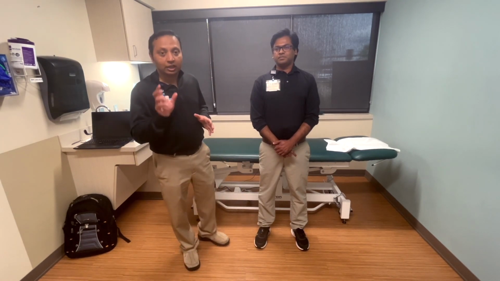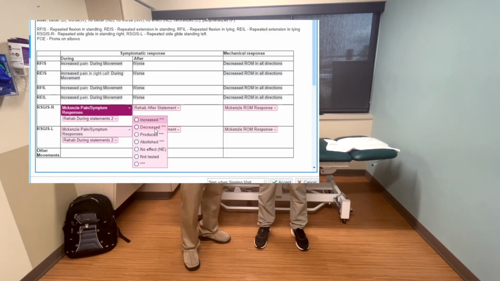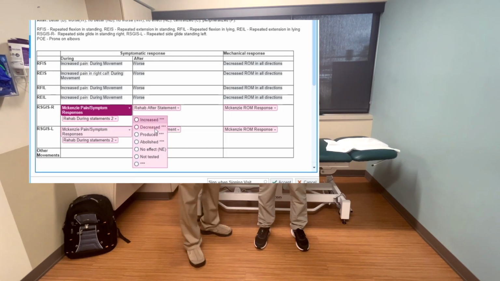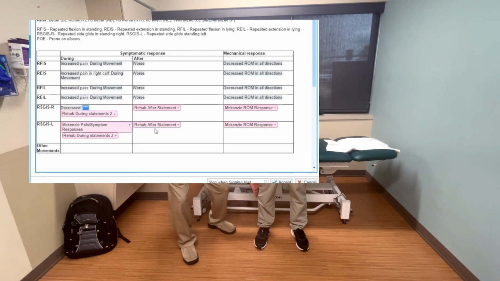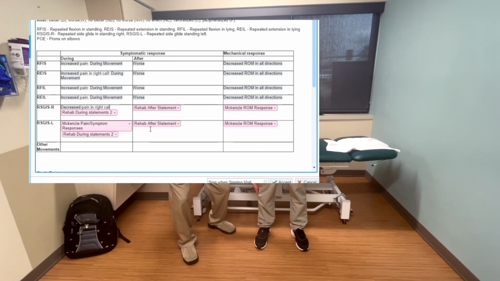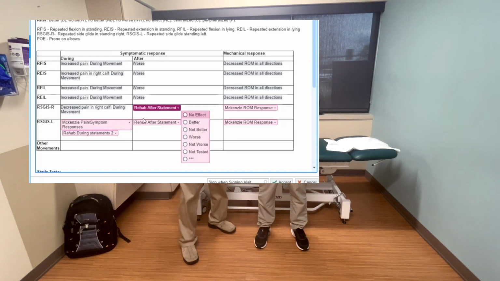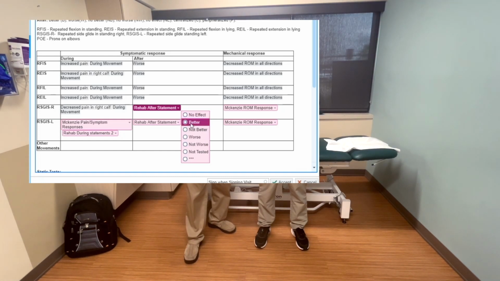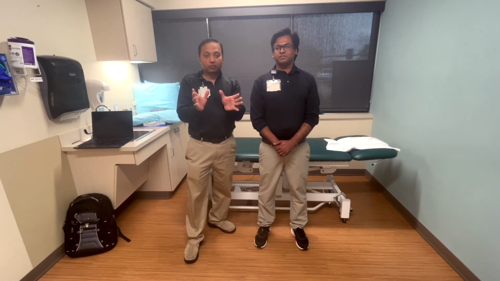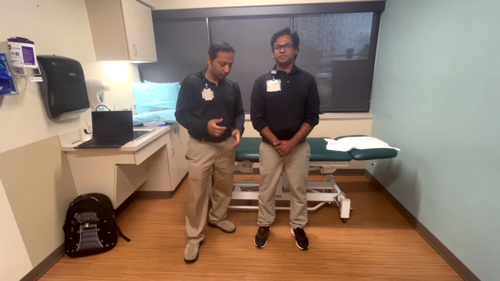So under the during part of the symptomatic response data entry into the SmartPhrase, we would say decrease symptoms in the right calf during movement. And then under the after section of the symptomatic response, we're going to say better. So this is the first time we were able to document a favorable response.